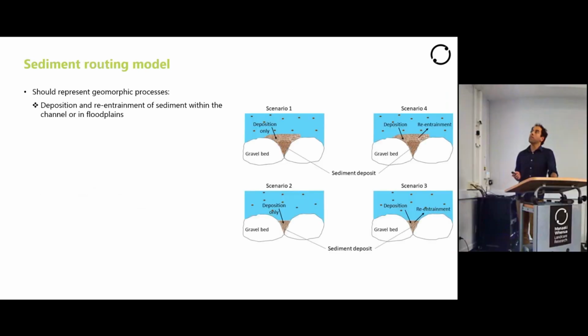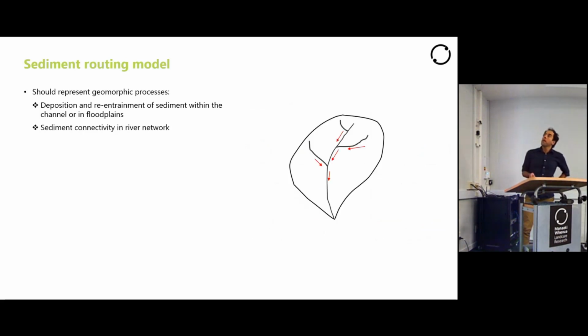The routing model has geomorphic processes, including, as I said, deposition and re-entrainment of the sediment for each reach of the river. And we can see how much deposition we have at each time step and how much erosion we have. Another geomorphic process considered in the model is the connectivity of the river networks.